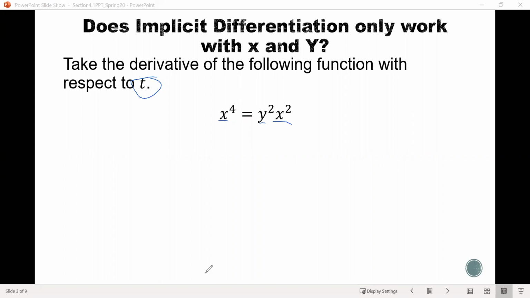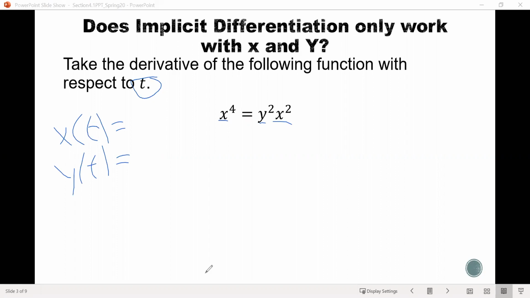Again, we may not know what they are, but we can write some formula so that x is a function of t and y is a function of t. And when we do that, then we can still take the derivative of this function with respect to t. We just treat it as if it's the input variable, even though it doesn't appear.